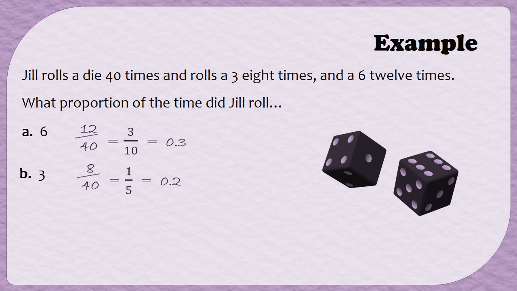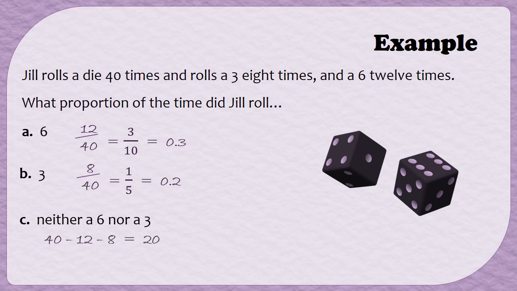Let's do one more example of finding a proportion. What proportion of the time did Jill roll neither a 6 nor a 3? In this situation, we have to figure out, well, how many times did she roll something that wasn't a 6 and wasn't a 3? The way that we can do this is by subtracting the number of times that she got either of those two things from the total number of times that she rolled the die. So Jill rolled the die 40 times.